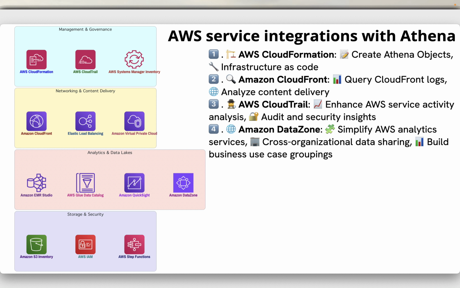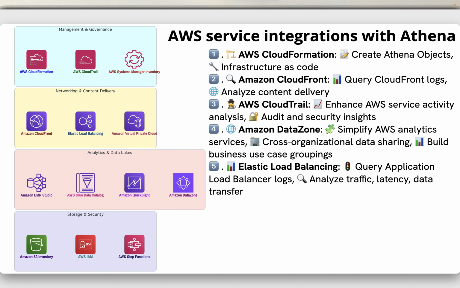Amazon DataZone. Use Amazon DataZone to share, search, and discover data at scale across organizational boundaries. It simplifies the experience across AWS analytics services like Athena, AWS Glue, and AWS Lake Formation. You can build business use cases based on groupings of people, data, and tools with large amounts of data in various sources. Elastic Load Balancing.